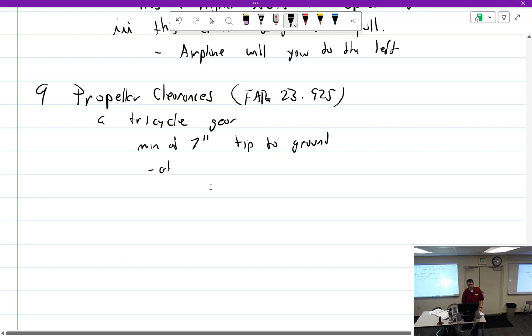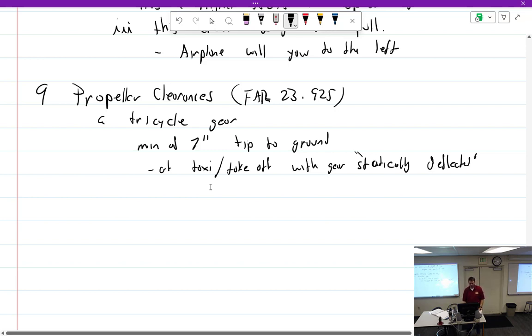That is at taxi takeoff with gear, I don't think I need to write all this, I'll finish the sentence, statically deflected. There we go.